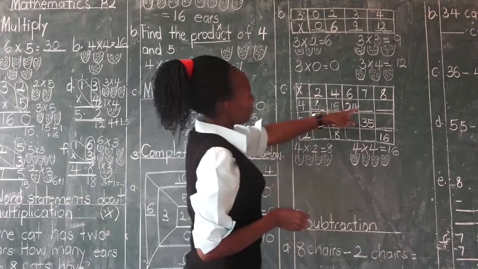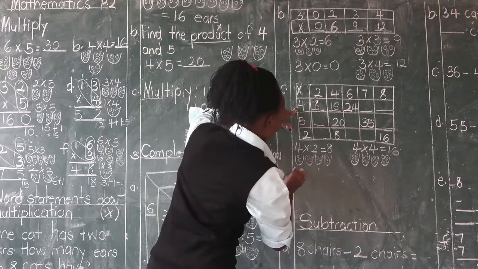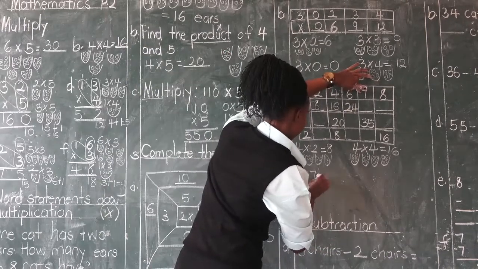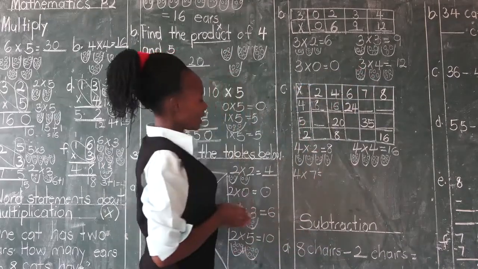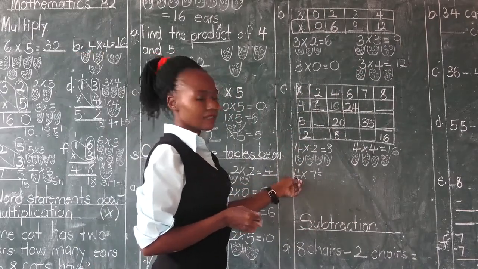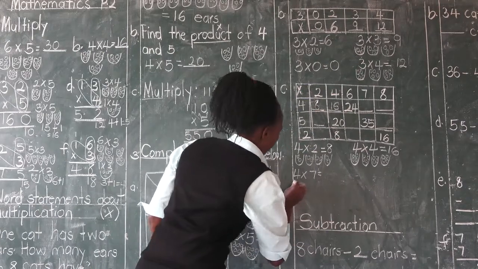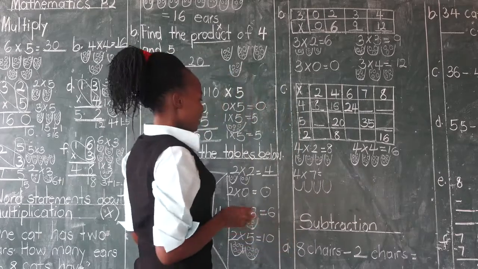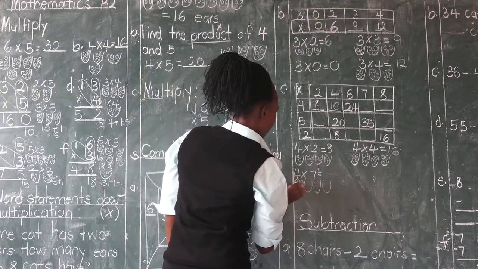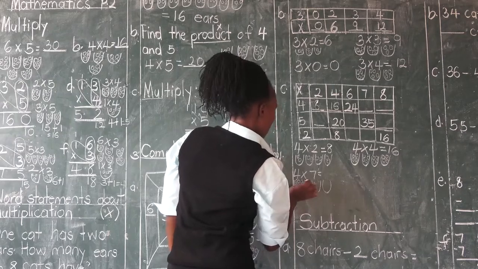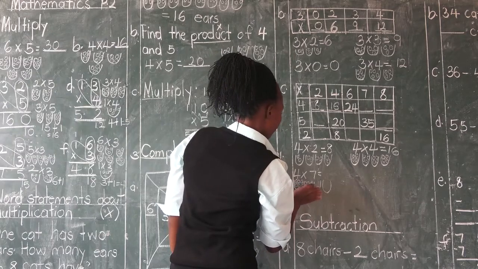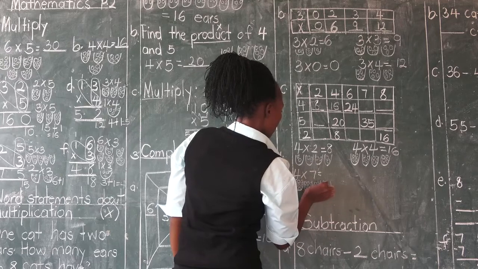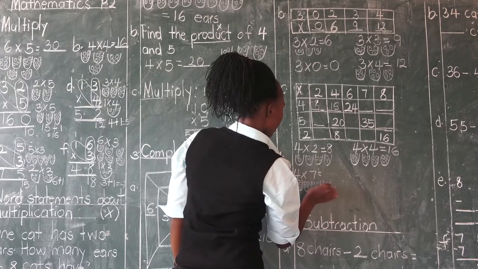Okay? Now, we still want to find out the answer here. We shall start with this 4 times this number. 4 times 7. What are we going to get? Now here, this one is the same as saying 4 groups of 7. We shall form 4 groups, all of 7. 1, 2, 3, 4, 5, 6, 7, four times.